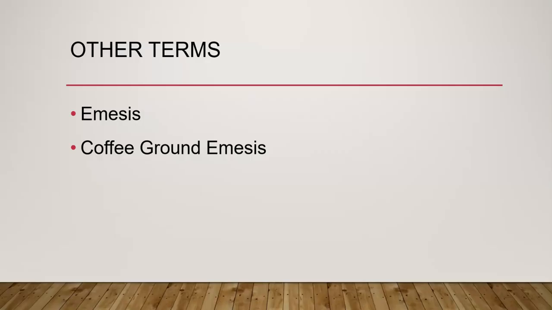This is usually the presence of coagulated blood, and it can range in color from very dark red to black, depending on the age of the blood that they're throwing up. It usually indicates that there's some type of bleeding in the upper GI tract, so the stomach or the beginning of the small intestine, the duodenum.